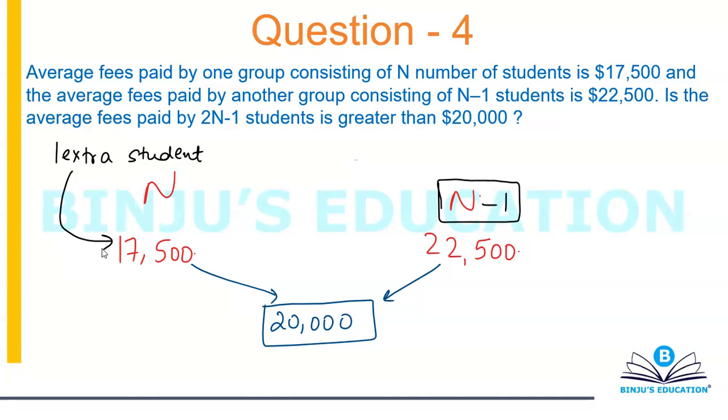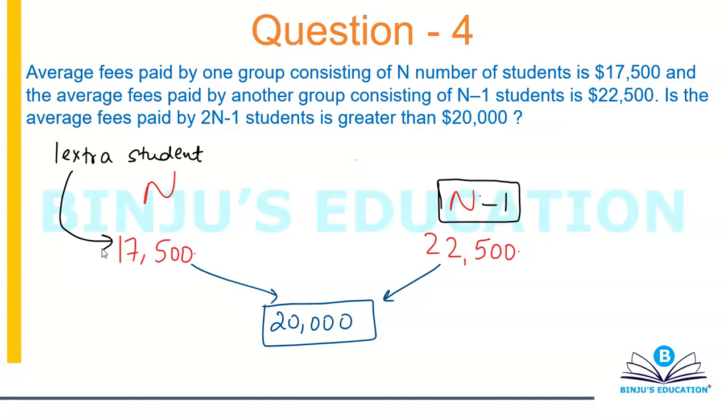Now, if you have one extra student paying 17,500, can I say that your average will automatically shift towards 17,500? Because that is what we discussed in weighted average: your average tends to shift towards that observation which has a higher frequency.